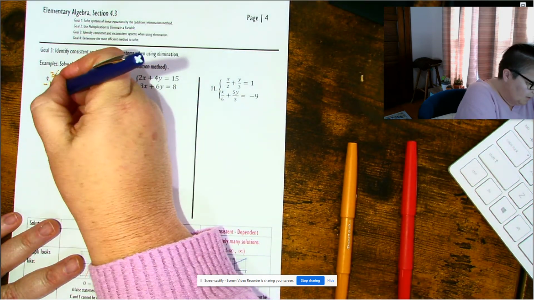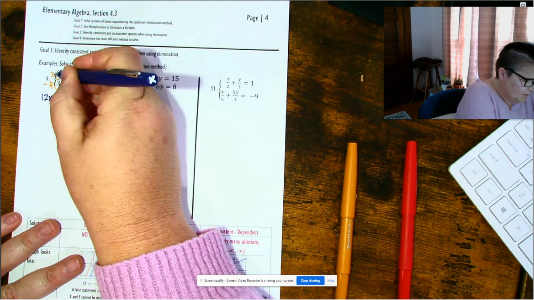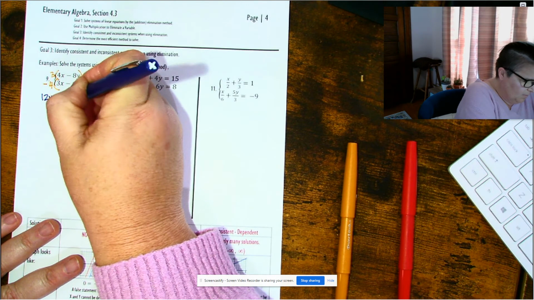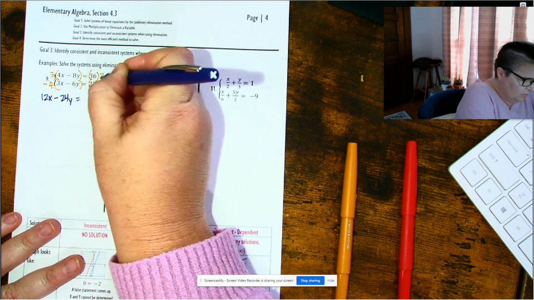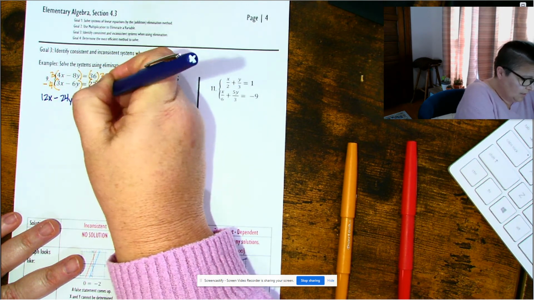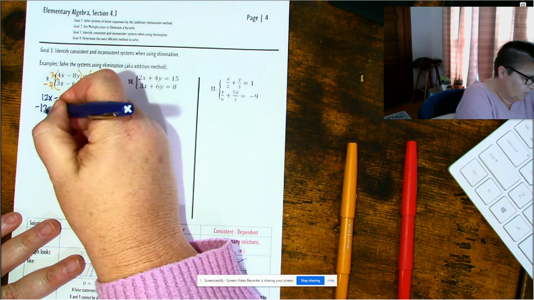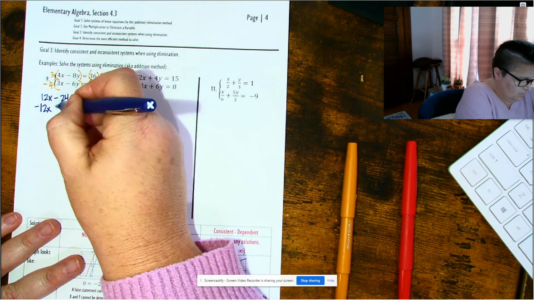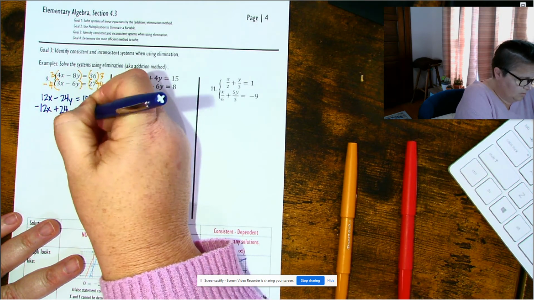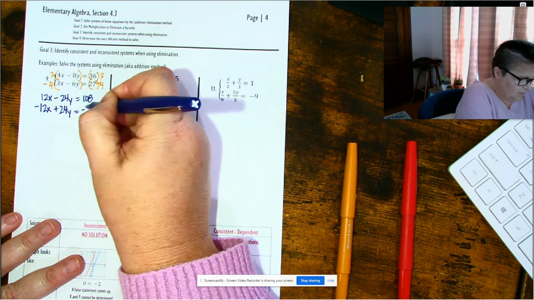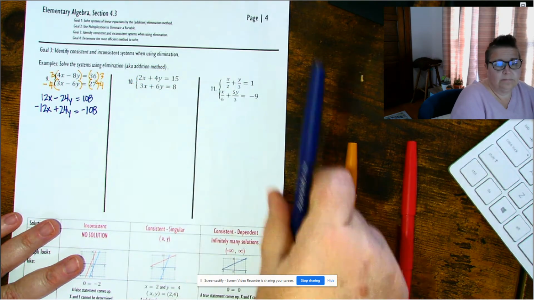That's going to give me 12x minus 24y is equal to 36 times 3, which is 108. The second equation will be negative 12x plus 24y equal to negative 108.